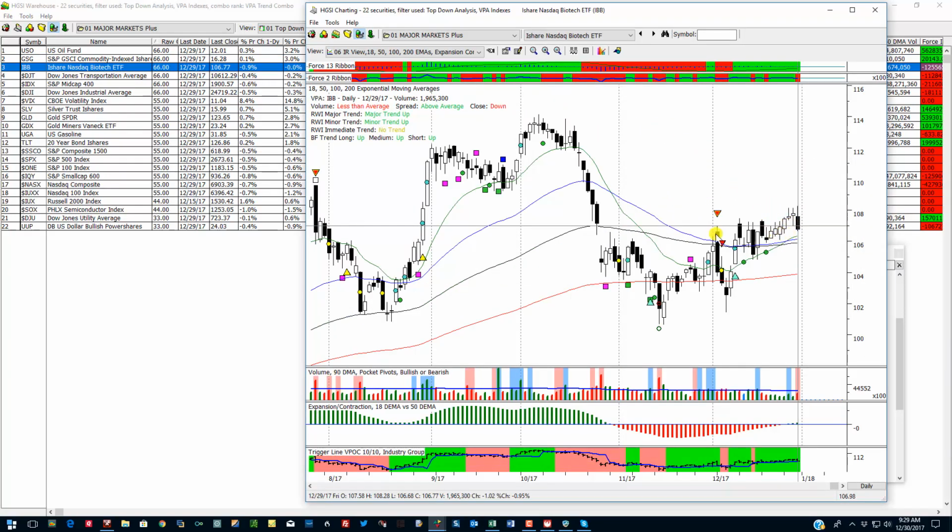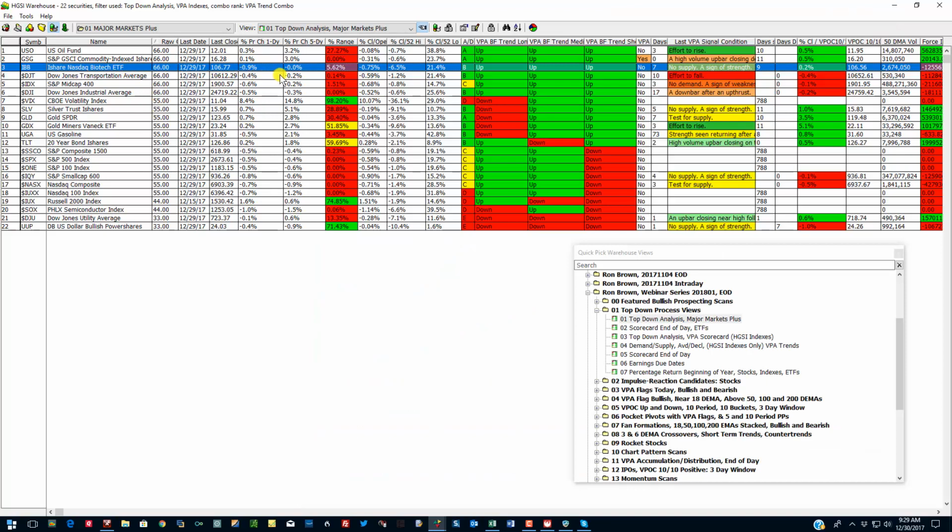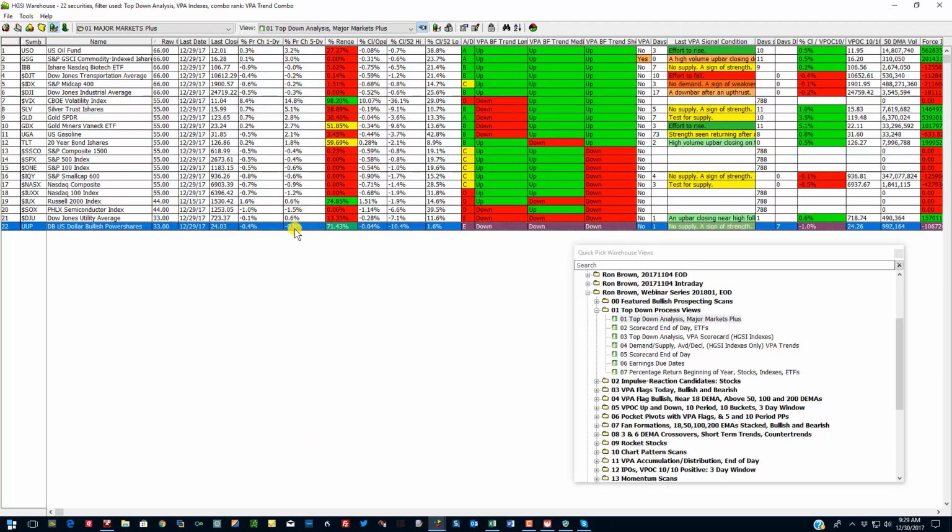As I look over here and look at the biotech index, you can see that over 5 days it went nowhere. Now I'm going to go down here to the bottom. You can see that the dollar, the PowerShares ETF, the trends are all down.